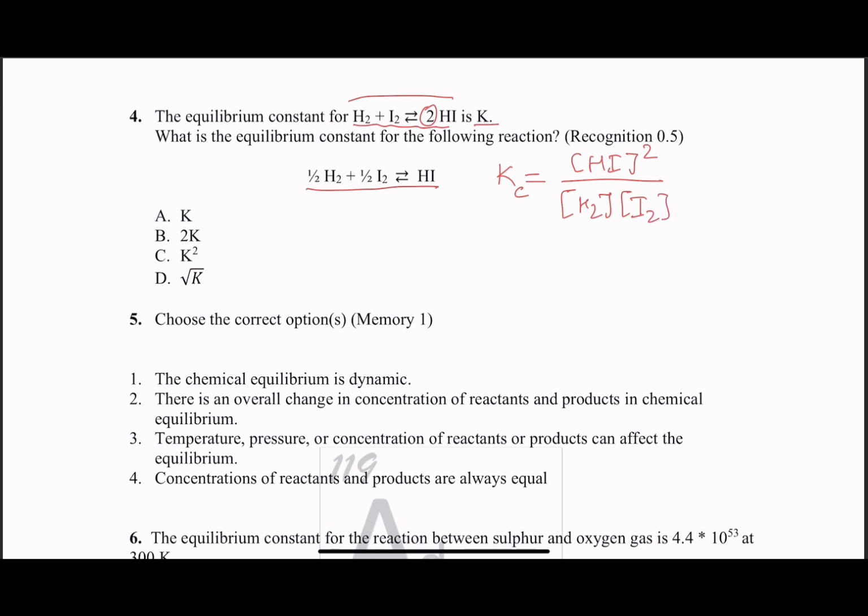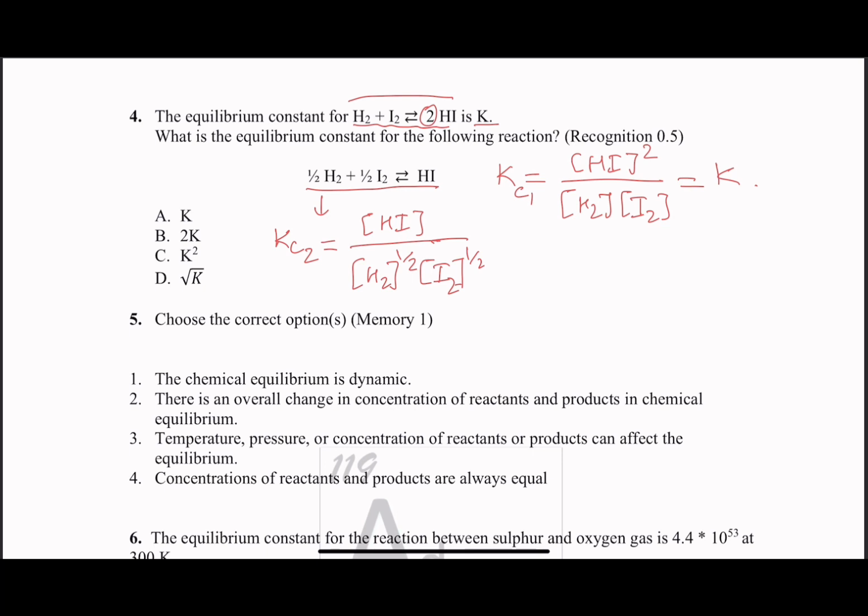Now let's write the Kc, and this is equal to K. Okay, and now let's write the Kc of the second one. We'll call this Kc1, we'll call this Kc2. So this is HI divided by H2 to the power of 1/2, and then I2 to the power of 1/2.